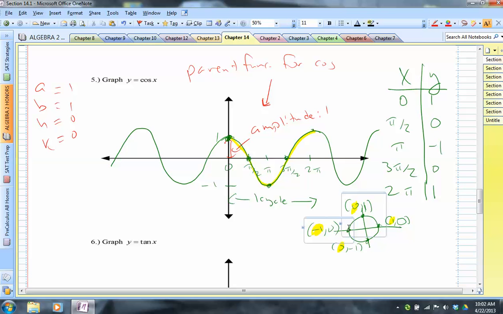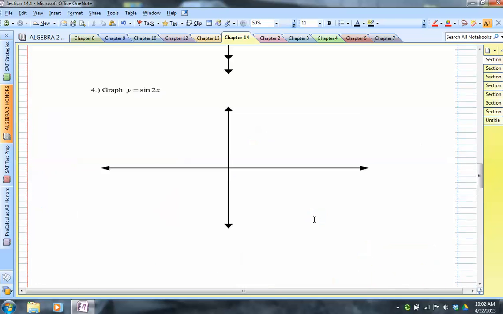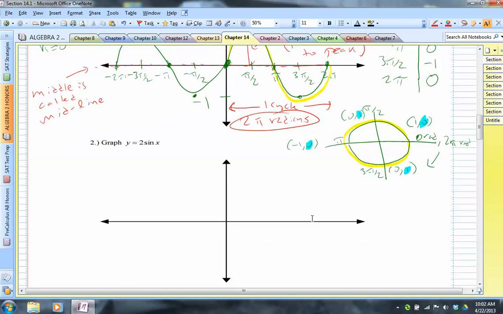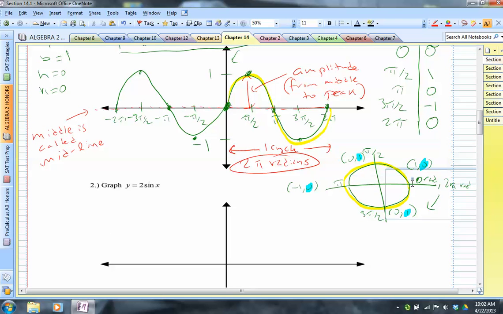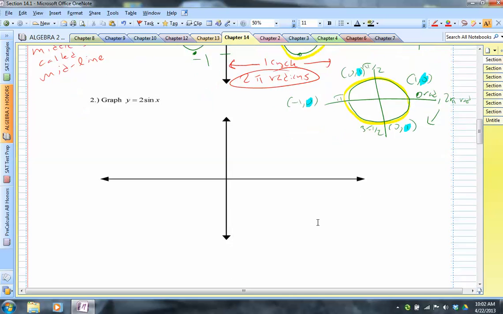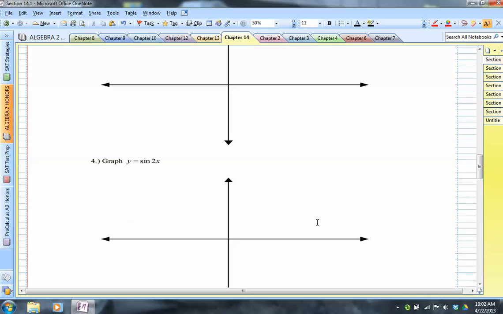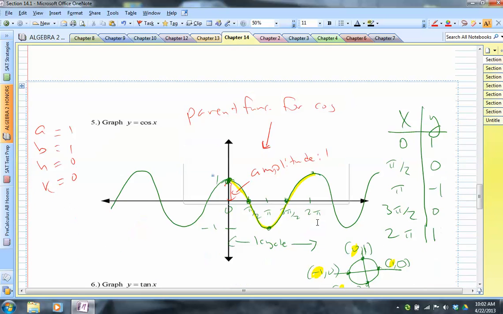And after you get to pi radians, it starts increasing afterwards. Whereas for sine, it's because of this y-coordinate, it's increasing, then decreasing, then still decreasing, then increasing when we get to 2 pi. So we can use the unit circle to help us understand why these sine and cosine graphs look the way they do.